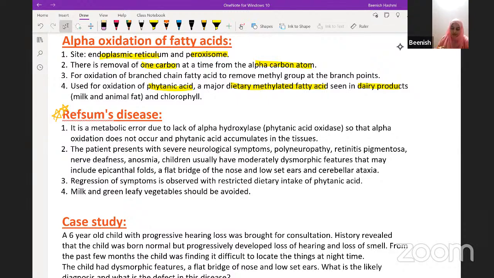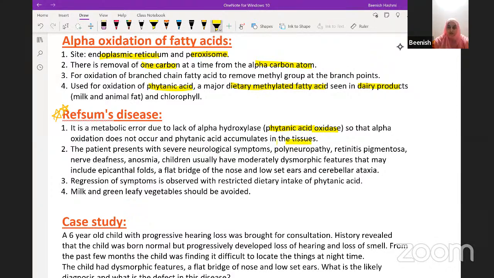So that was briefly about it. Now let's take some important points about Refsum disease. It is a metabolic error due to lack of alpha hydroxylase, that is phytanic acid oxidase. So this is what is defective, so that alpha oxidation does not occur and leads to phytanic acid accumulation in the tissues.